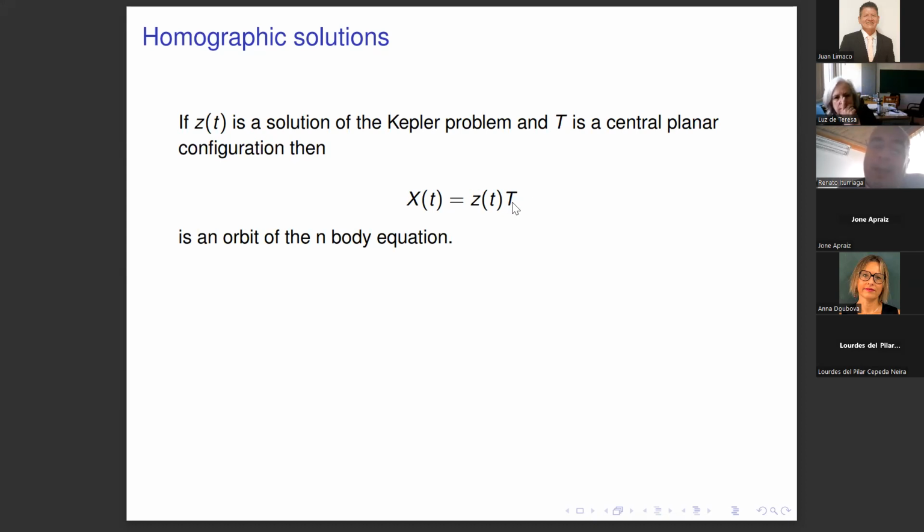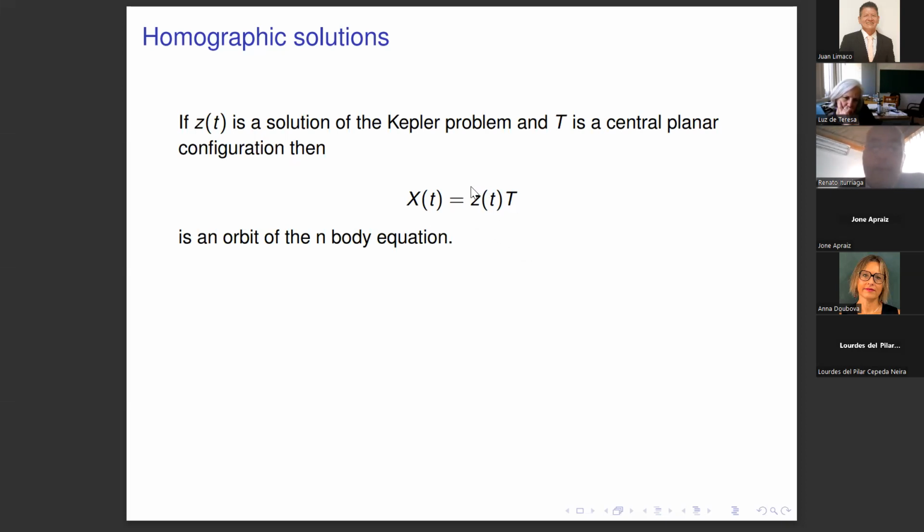So what is really happening is that you have the central configuration and you are rotating it by the argument of zeta, and then you are making a homothety, contracting or expanding by the norm of zeta of T. So the solution of the n-body problem is just the same central configuration rotating and becoming bigger or smaller.